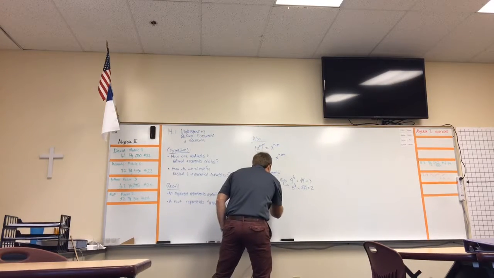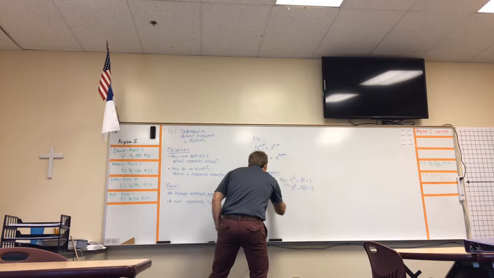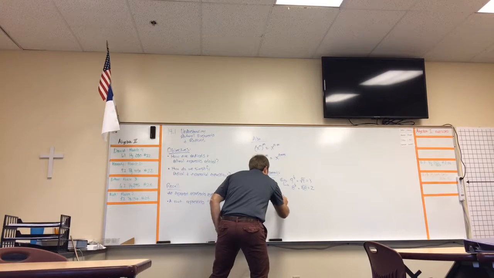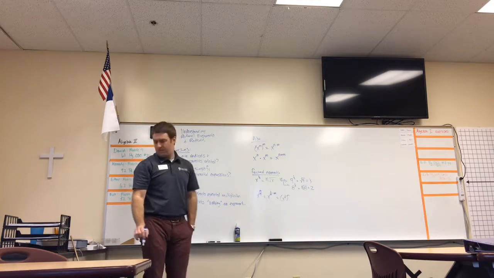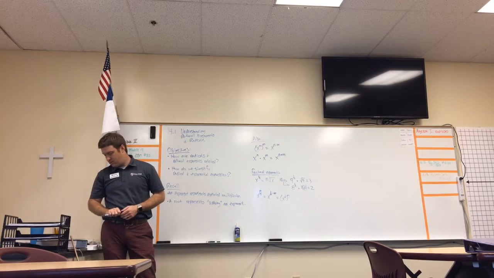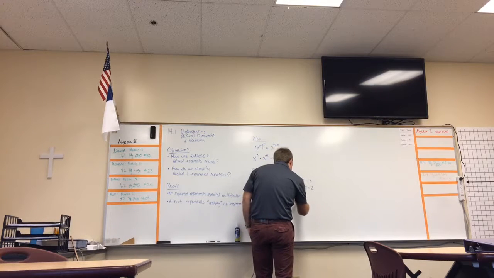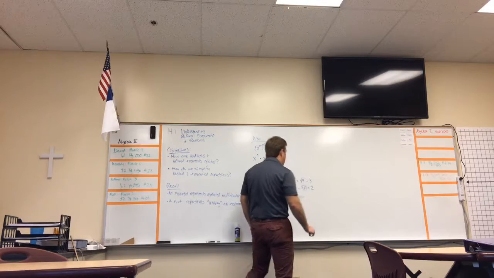So in this case, x to the 1 on n times m, that's all in my exponents, equals x to the 1 on n, to the m, which equals the nth root of x to the m.